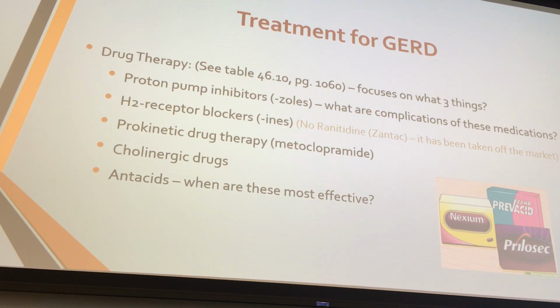One thing that's important to recognize, and I tend to forget this myself, is that these drugs can cause hypocalcemia, okay? So it reduces your body's ability to absorb calcium, okay? So if you have a geriatric patient that has been taking these medications for, say, 20 years, what are you going to be worried about?